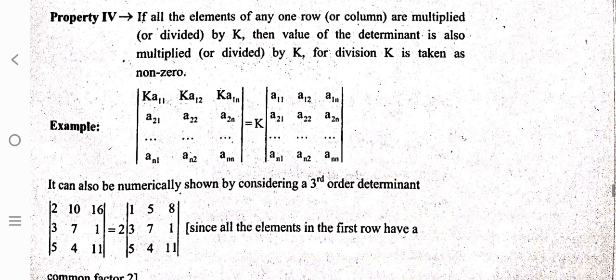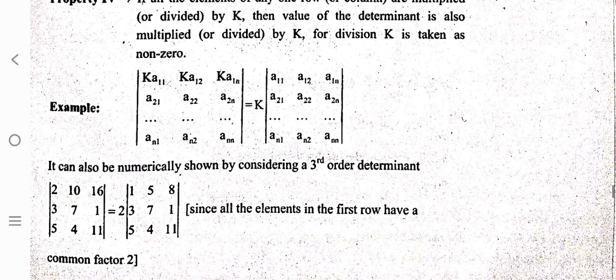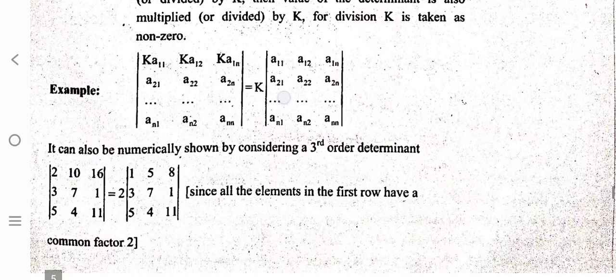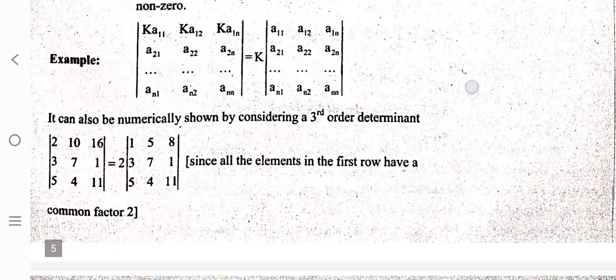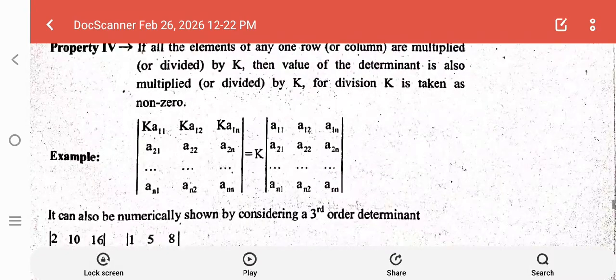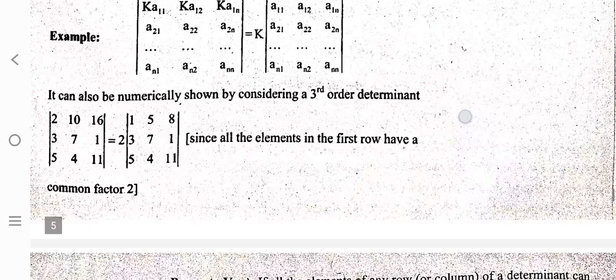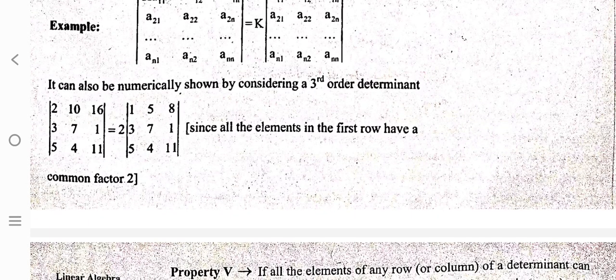So here we multiply the first row by k, a non-zero factor, then we take the common term k from the first row, and k is multiplied with the value of our original determinant, right?